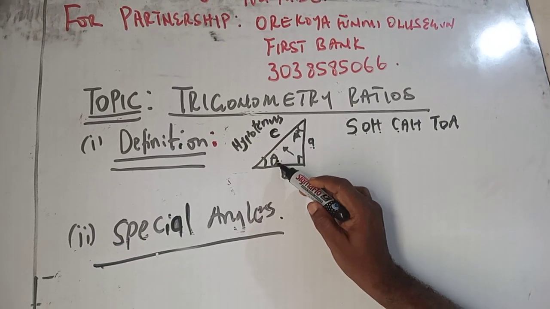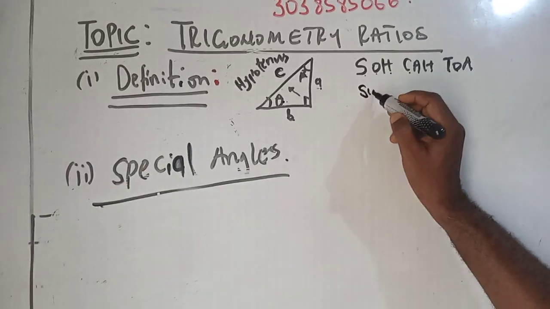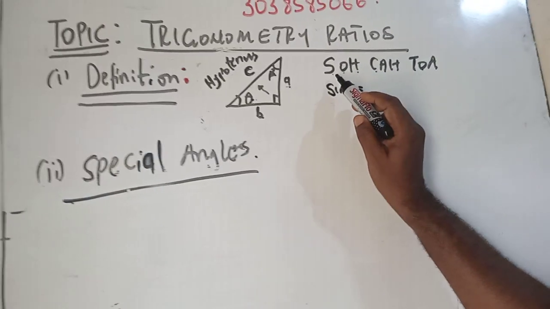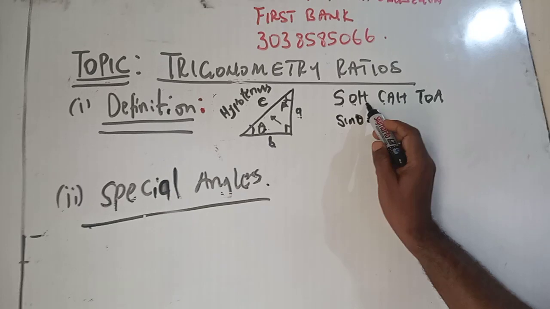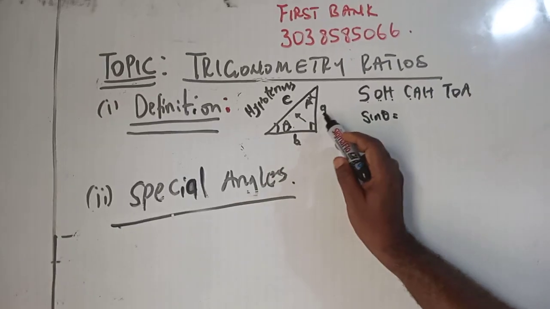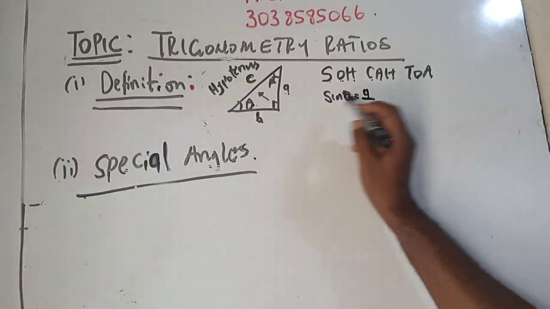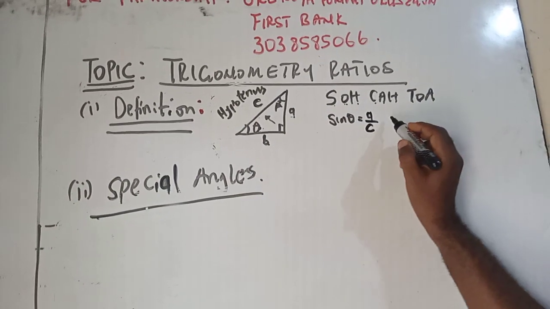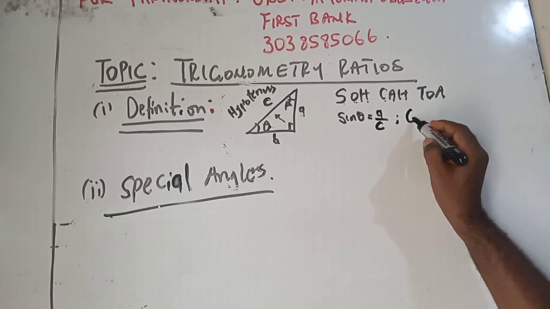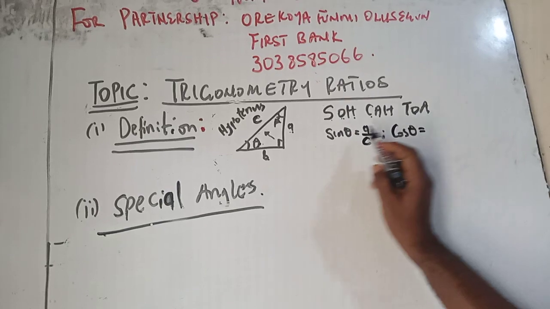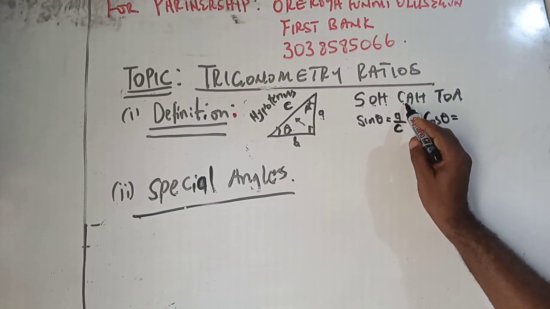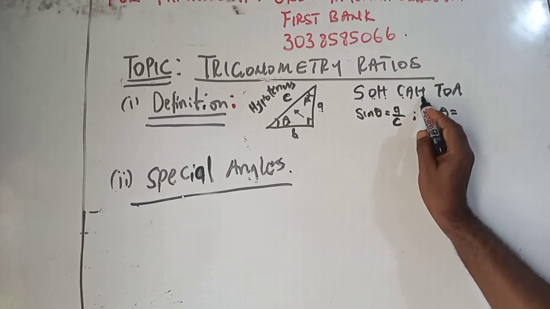Now if I pick theta here, sine theta, according to SOHCAHTOA, is opposite over hypotenuse. The opposite of this theta is A and the hypotenuse is C. Also, cos of that same theta, according to SOHCAHTOA, is adjacent over hypotenuse.